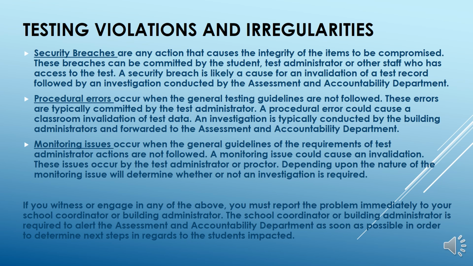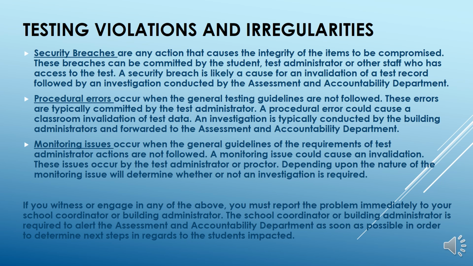There are 3 types of testing violations and irregularities discussed here. First, security breaches. These are any actions that cause the integrity of the items to be compromised. These breaches can be committed by the student, test administrator, or other staff who has access to the secure test. A security breach is likely a cause for an invalidation of a test record, followed by an investigation conducted by the Assessment and Accountability Department.